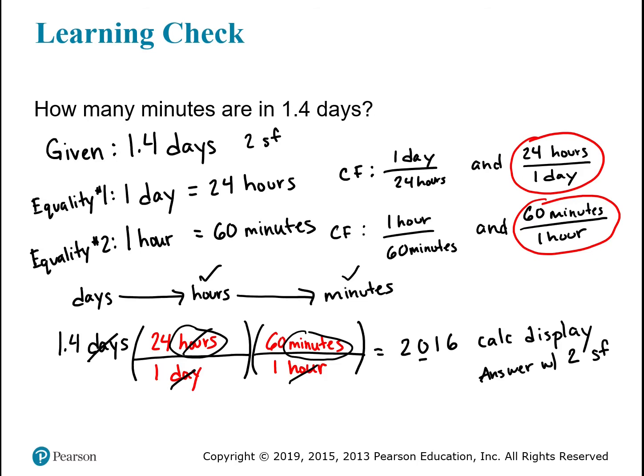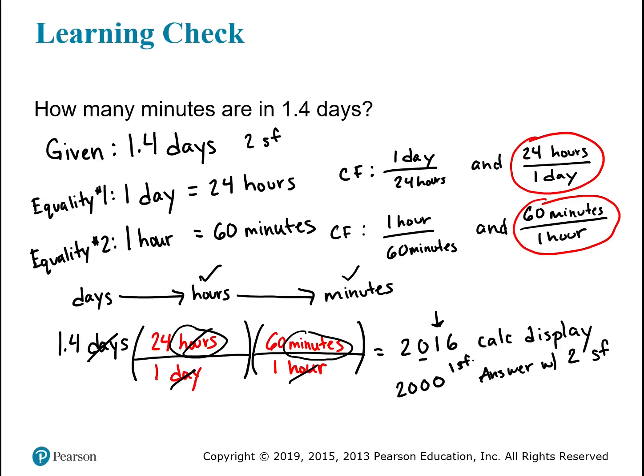That 0 is our last retained digit. We're looking at the 1 to see if we round up or we just drop everything off. 1 is certainly 4 or less, so it's going to get dropped off. That would be 2,000. But this only has 1 sig fig.